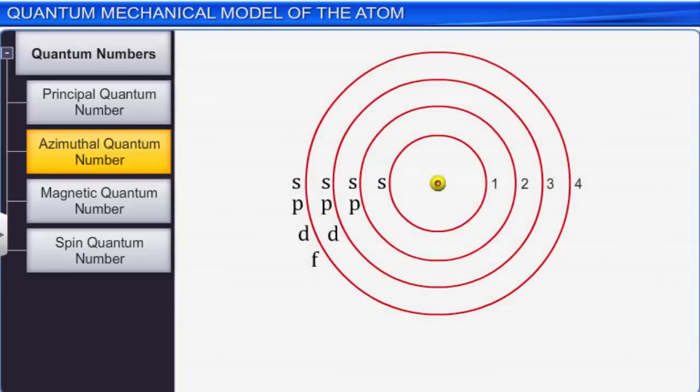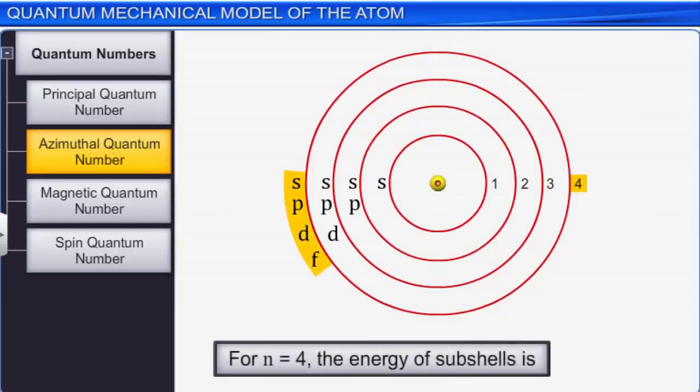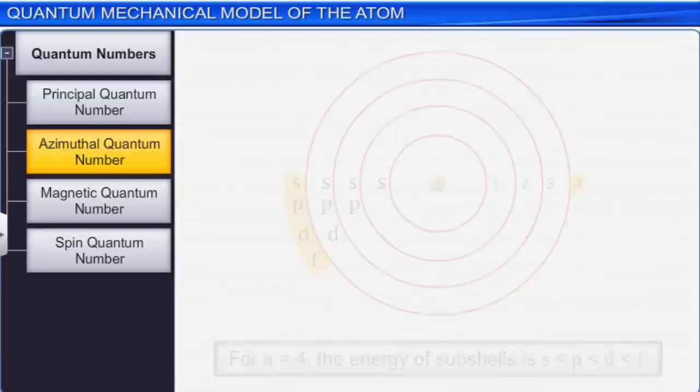The s subshell has the lowest energy, and the energies of the subshells within the same principal shell follow the order s < p < d < f.